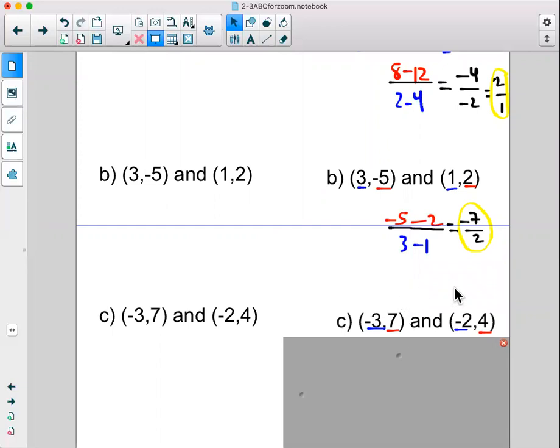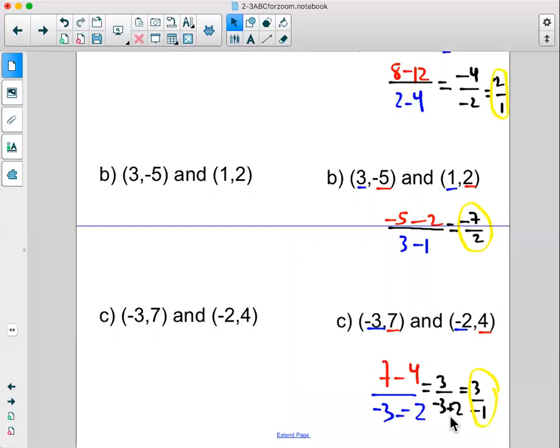Rise is change in vertical, change in the y's: 7 minus 4. Run is change in the x's: negative 3 minus a minus 2. Minus a minus becomes a plus. And so my final result is 3 over negative 1.